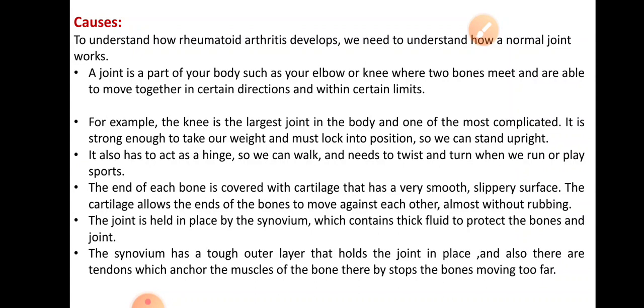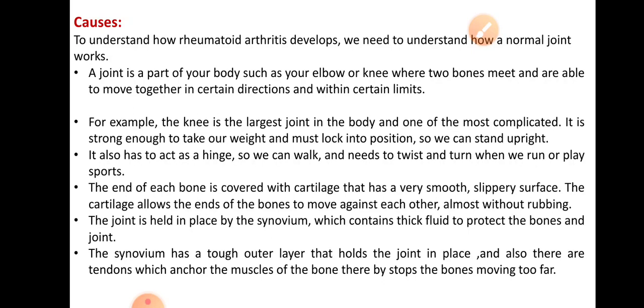For example, the knee is the largest joint in the body and one of the most complicated. It is strong enough to take our weight and must lock into position so we can stand upright. It also has to act as a hinge so we can walk and needs to twist and turn when we run or play.